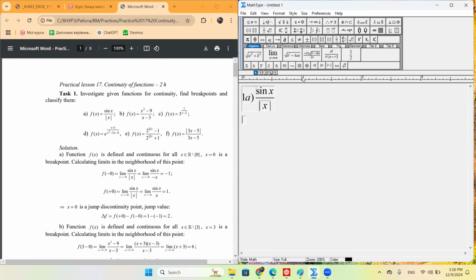So where can the breakpoint be? Obviously at the point x equals 0, because we cannot divide by 0.